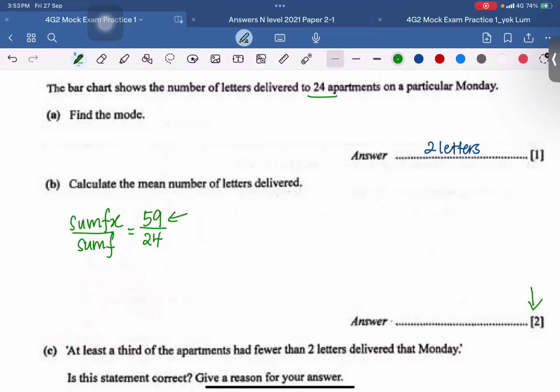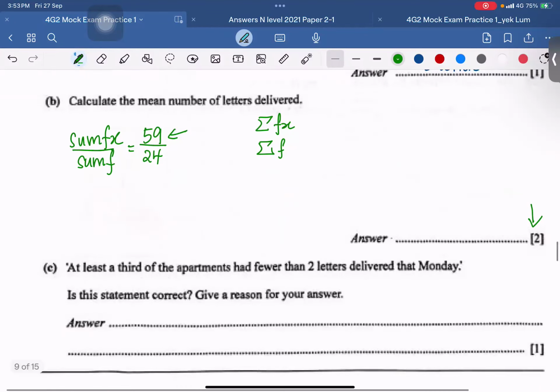You can use your calculator OPTN, it actually does have this fx function. You can also write down the working if you need to. If you're very confident of your answer, then you just write your answer, and it will give you the mark directly.